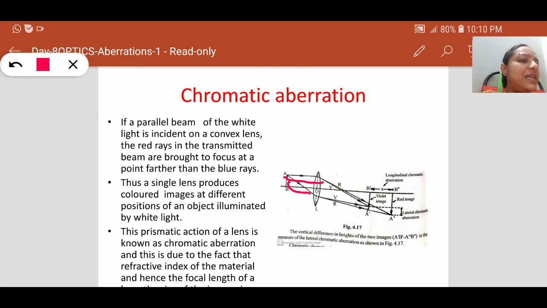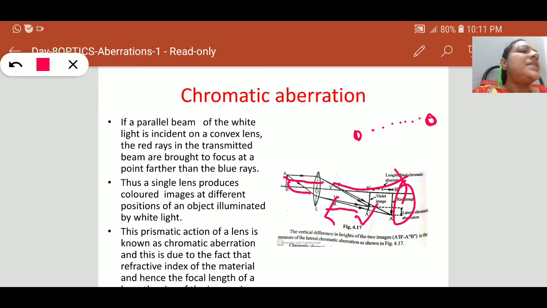Just now we discussed that the refractive index of violet rays is more than that of red rays. So after refraction, the violet rays converge at a point nearer to the lens system, whereas the red rays converge at a farther point. In between, different colors converge according to their refractive index. So this is the violet image, this is the red image, and in between, images of different colors are formed.